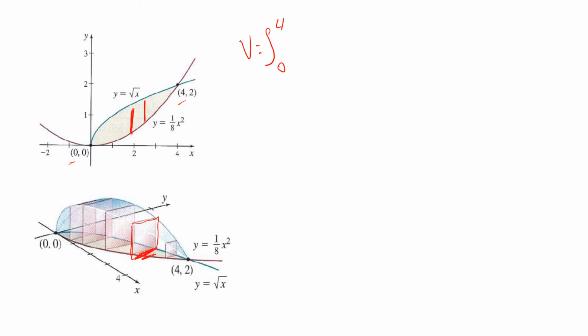What's the length of this base? It's what we were looking at yesterday. It's the top minus the bottom. So we're going to have the top square root x minus the bottom 1/8 x squared, because that's how we get the area of the square, times the width of the square, dx. Integrate this, we're going to get volume.